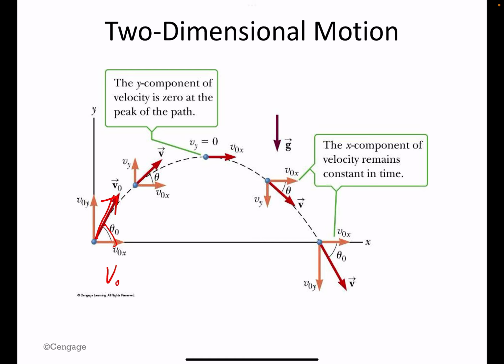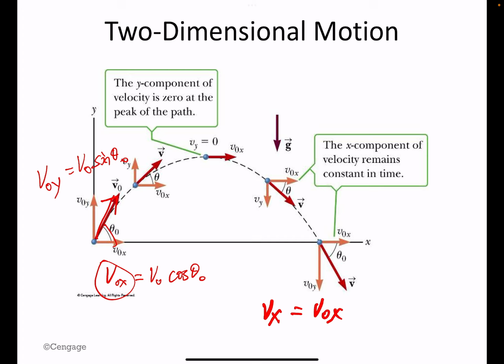the x component of velocity is given by v0 cosine theta 0, and the y component of the initial velocity is given by v0 sine theta 0. And vx over time should be a constant because there is no force in the horizontal direction, no change of velocity in the x direction.